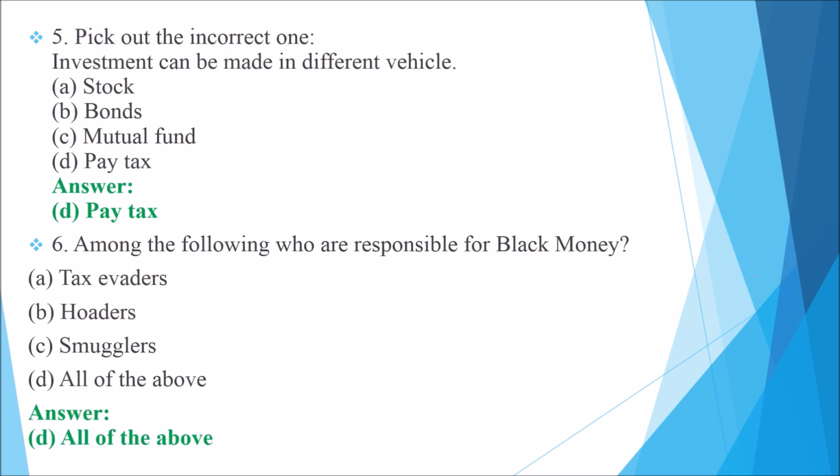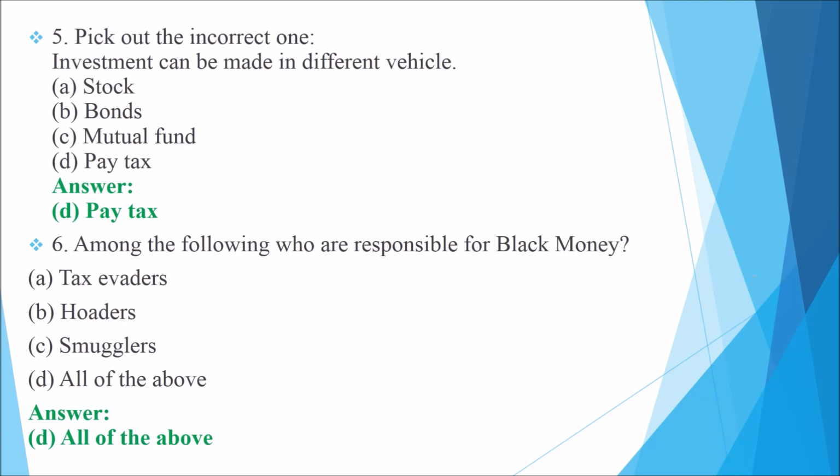Question number 5. Pick out the incorrect one. Investment can be made in different vehicles. Option A, stock. Option B, bonds. Option C, mutual fund. Option D, pay tax. So the correct answer is option D, pay tax.